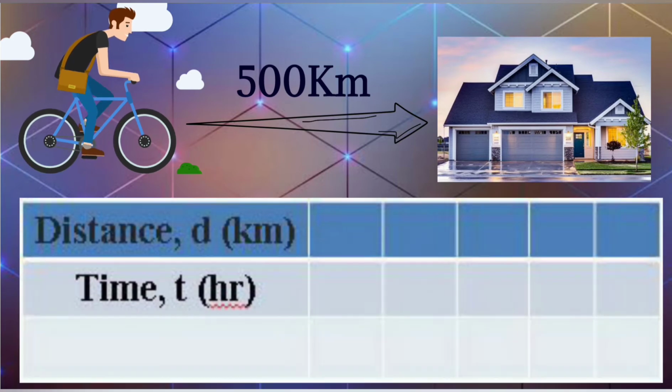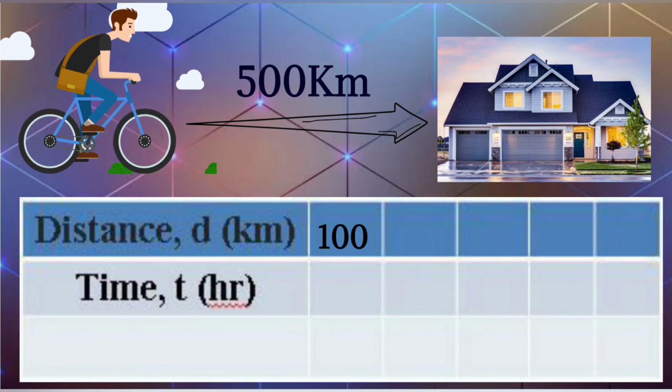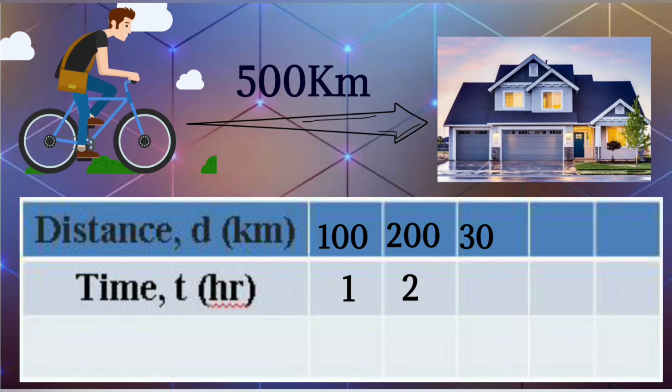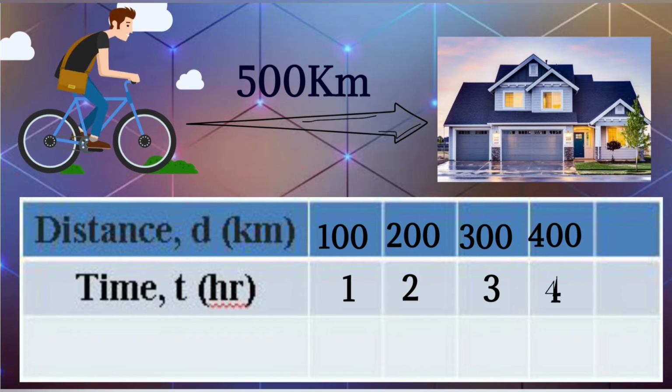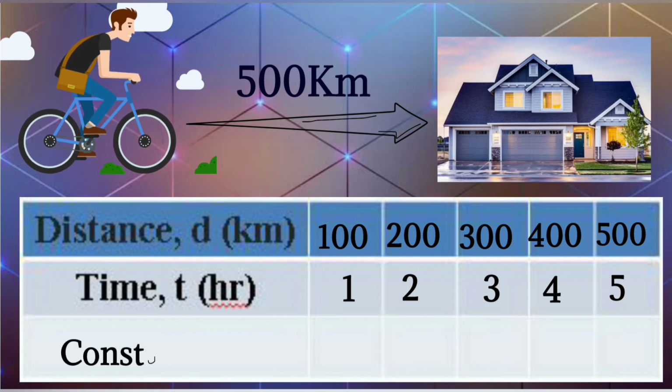The distance and the times are noted in the table below. For 100 kilometers, he used 1 hour. At 200 kilometers, he traveled 2 hours. And at 300, 3 hours. At 400 kilometers, he used 4 hours. And at 500 kilometers, he used 5 hours for traveling.